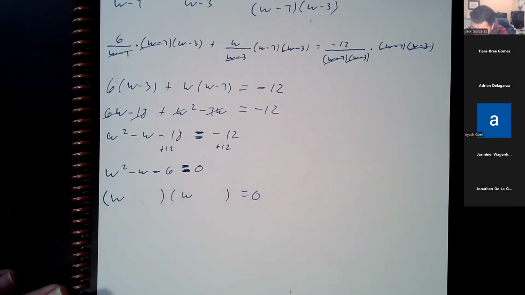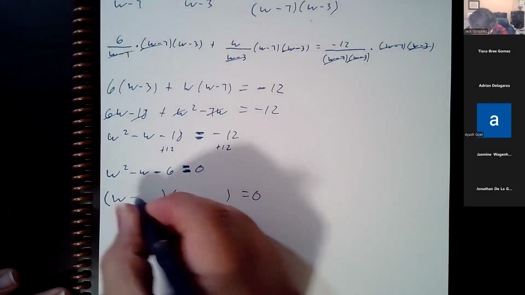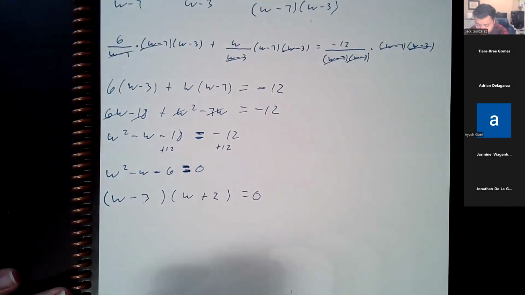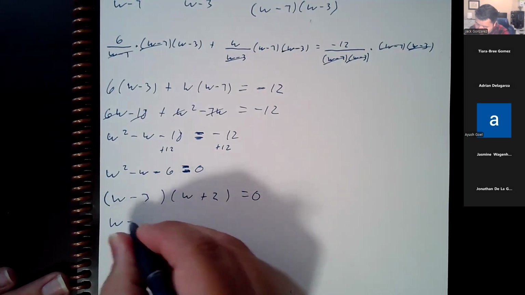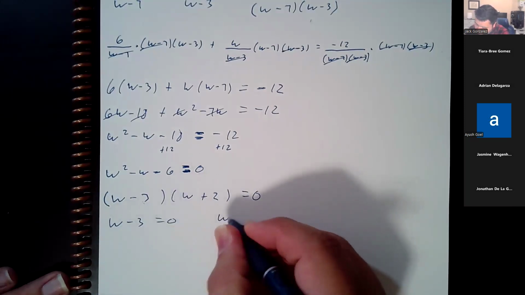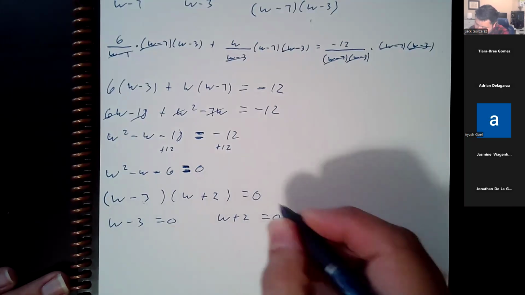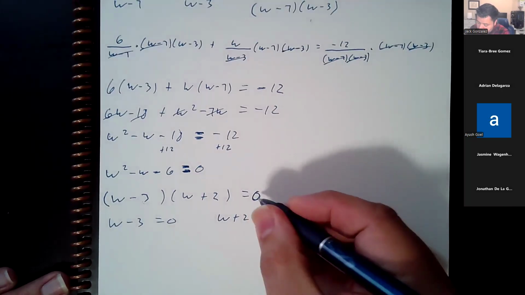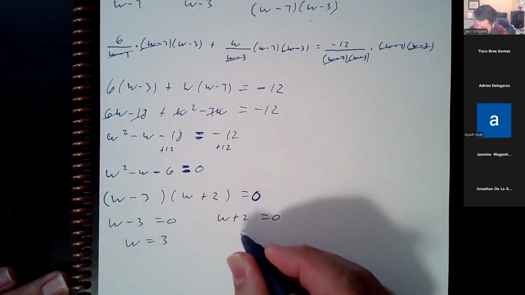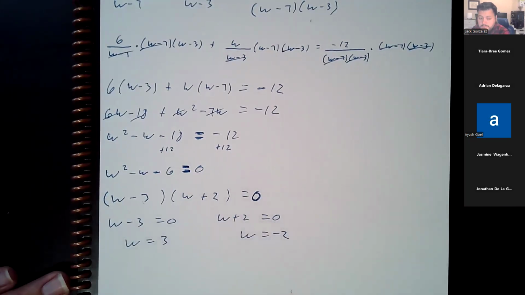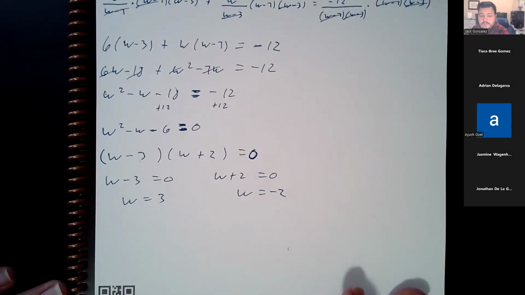Yeah, looks like negative 3 plus 2. Set them to 0. And then that's it.